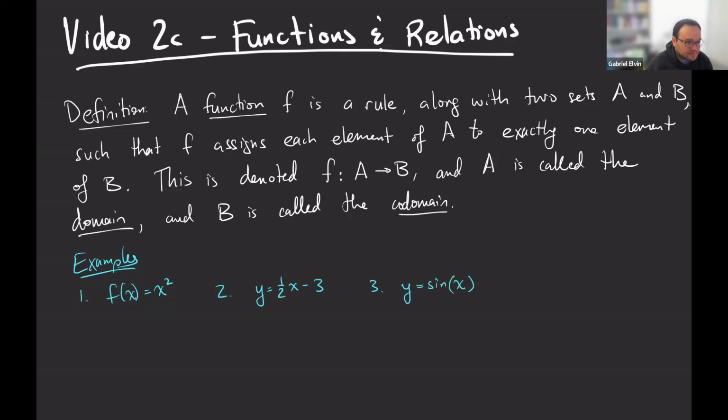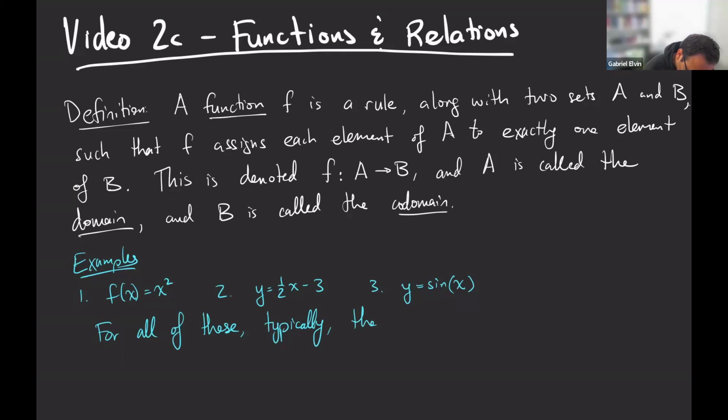And for all of these, typically, without even specifying it, the domain and codomain are both all real numbers.